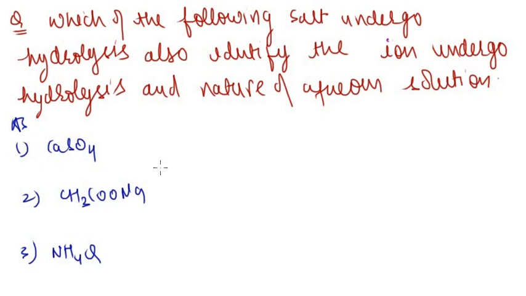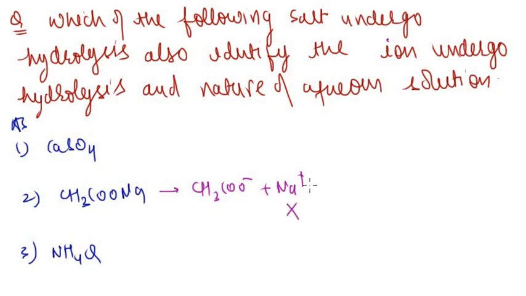Let's talk about calcium sulfate, and then sodium acetate. Sodium acetate will form CH3COO negative and Na positive. We know Na positive comes from a strong base, so it won't undergo hydrolysis.